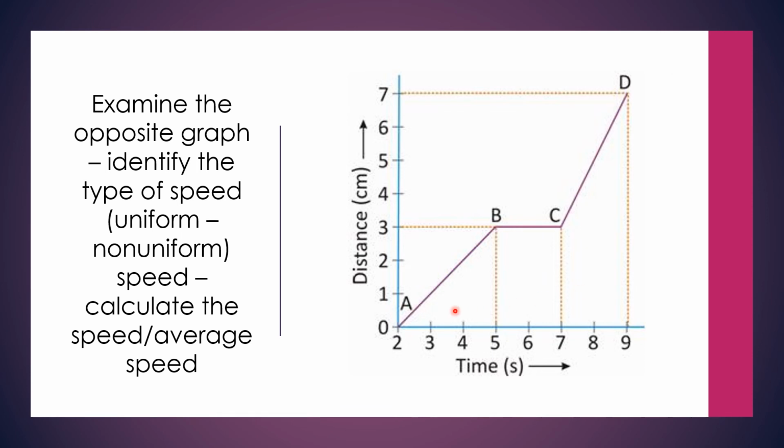Another example here, we have this graph. We need to identify also the type of speed. Is it uniform or non-uniform speed? And we also need to calculate the speed. If it's uniform, we will calculate the speed as distance over time. If it's non-uniform speed, then we will use the average speed, total distance over total time.